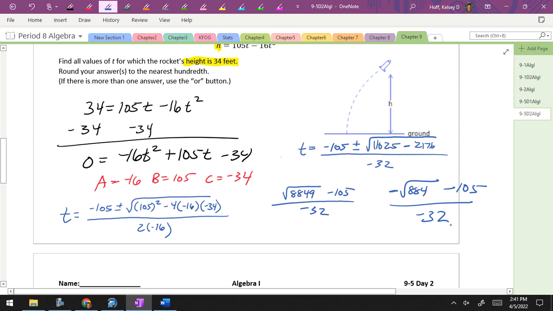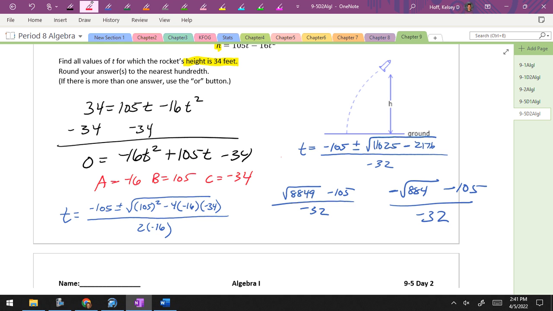I got negative 105 plus or minus the square root of 8849 divided by negative 32. Okay, so then first we take that square root of 8849, yes? Nasty decimal. Why is it minus 105 this time? Because negative 105, very good. And then I divide by negative 32.